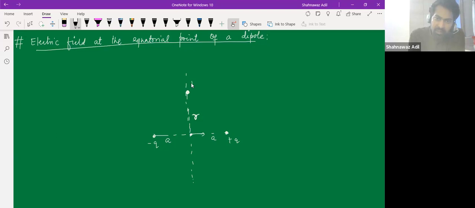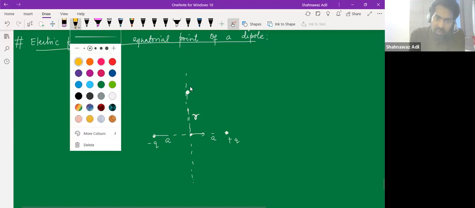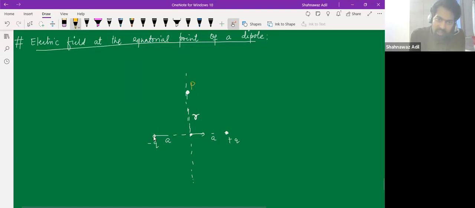Let's say this is point B, and this is point A, and let's write it with different colors. So this is point C, this is point A, this is point B. And this is the separation.